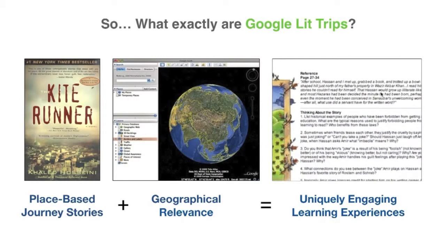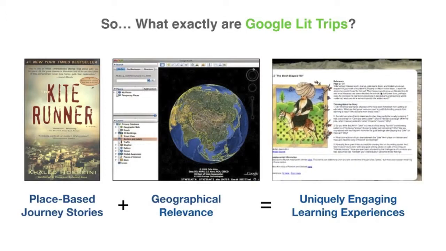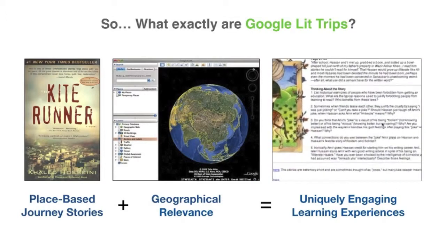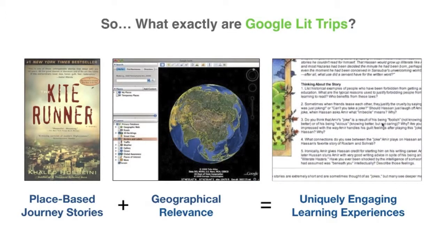And rather than including plot summaries that might provide incentives for some readers to circumvent actually reading the story, higher-level engaging discussion starters designed to help readers discover connections between the world they know and the world within which the story is set are provided.